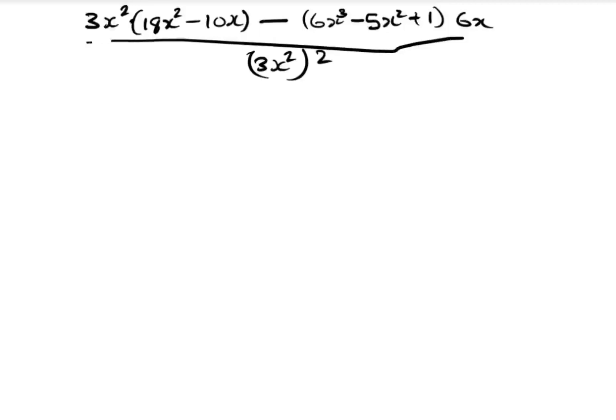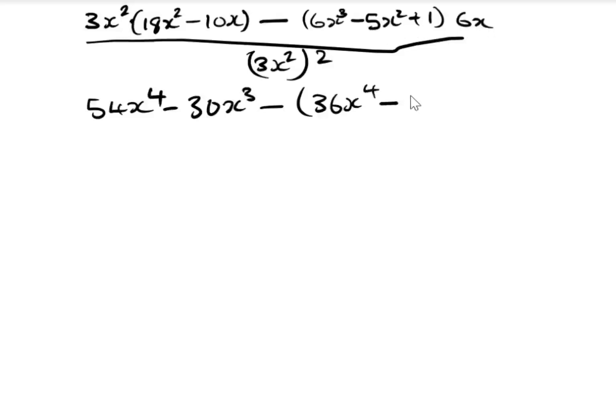So opening this bracket, 3x squared multiplied by 18x squared will be 54x power 4. 3x squared multiplied by minus 10x will be minus 30x cubed, minus this 6x multiplied by 6x cubed will be 36x power 4, minus 6x multiplied by 5x squared will be 30x cubed.